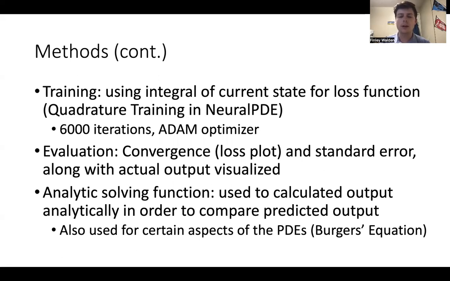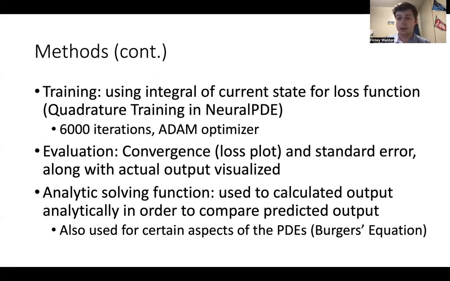So through 6,000 iterations in the Adam optimizer, it's trained and evaluated using the convergence of the model via just a simple loss plot, and then the standard error, the error between the predicted and actual output. The actual output is calculated with this analytic solving function, which I briefly mentioned earlier.